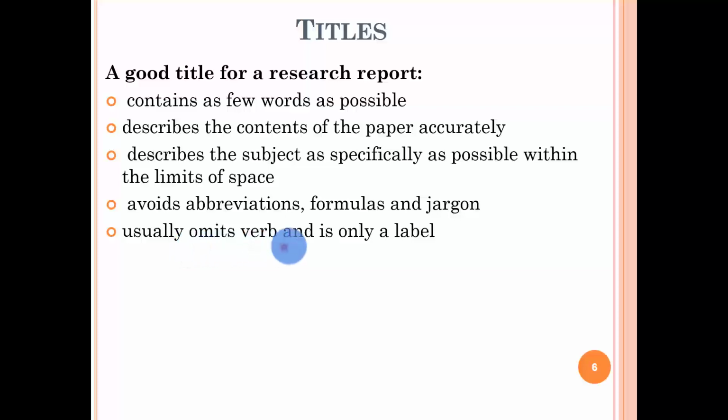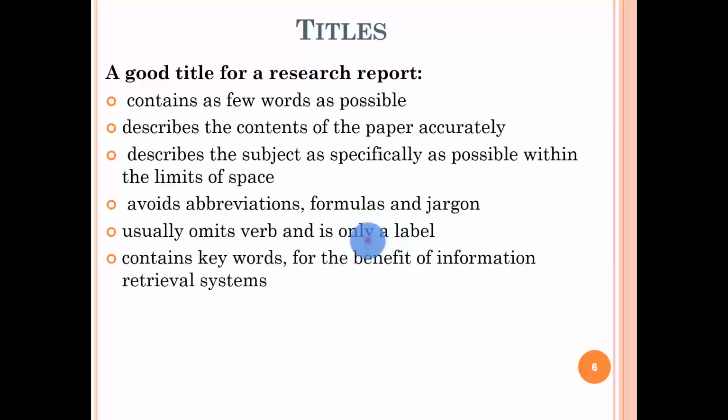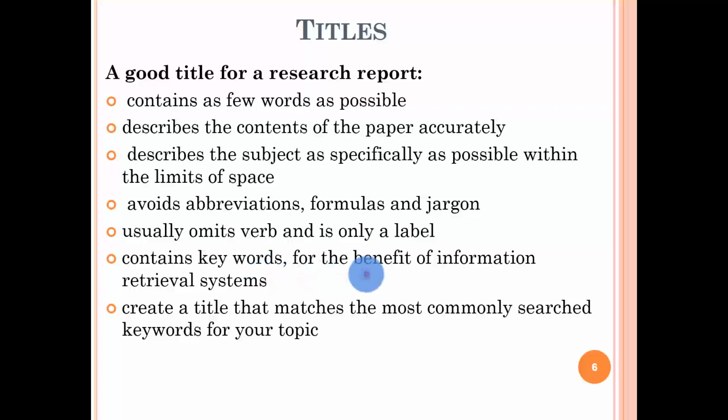Usually omits verbs and is only a label. So usually we don't use verbs in titles because it's a label. Contains keywords for the benefit of information retrieval systems. So some of the keywords must be used in the title. Create the title that matches the most commonly searched keywords for your topic.